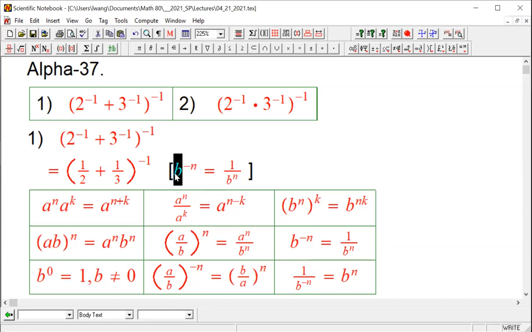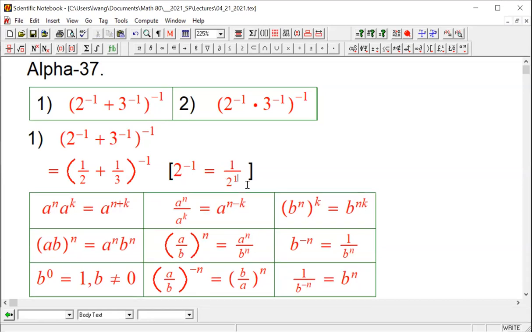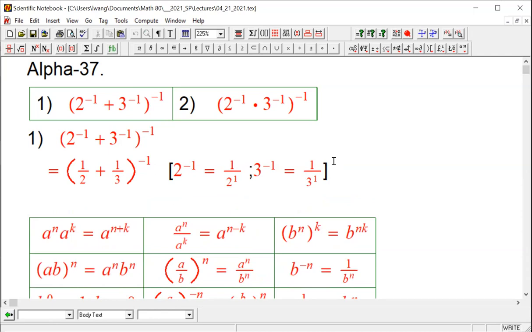So 2 to the power of negative 1 is 1/2 to the power of 1, and 3 to the power of negative 1 is 1/3. That's the only thing we can apply here. We cannot apply the power inside here. And then what do we do?